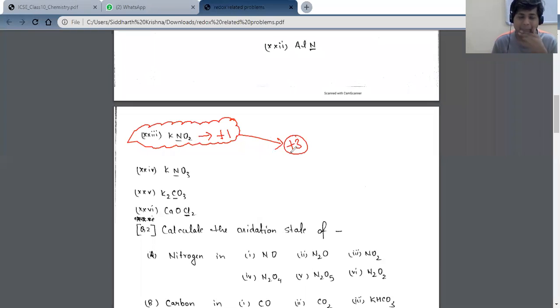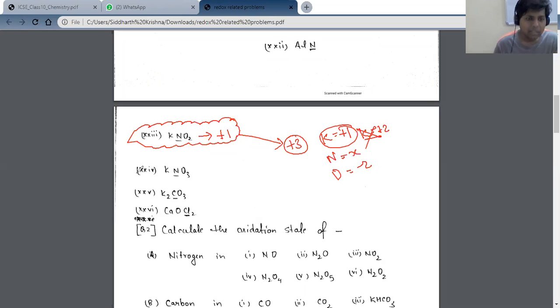Sir, first we have to find the valencies of all. K has a valency of plus 1, and we have to take the unknown as X. O will be minus 2. Then we have to calculate. Correct. Okay.